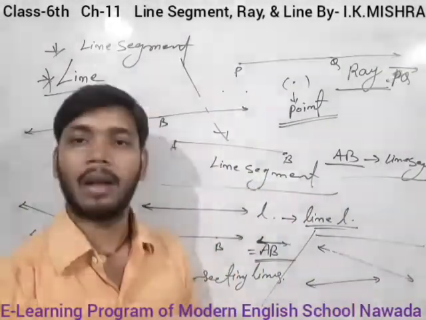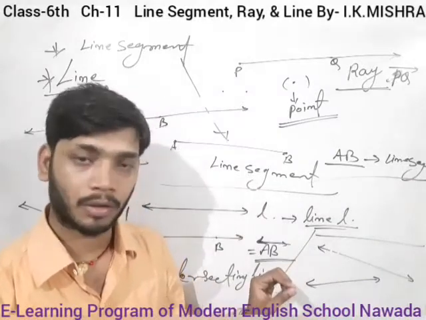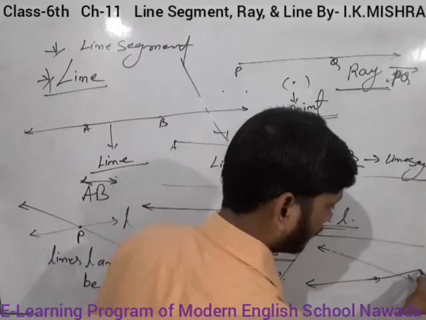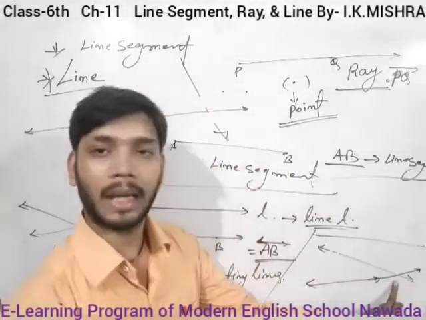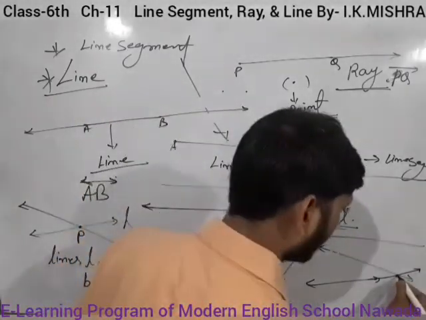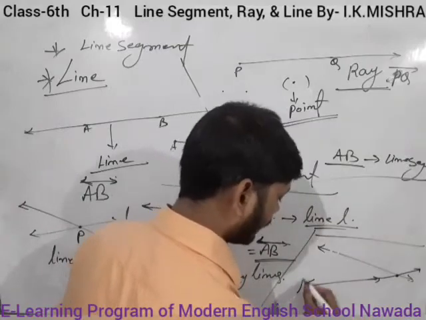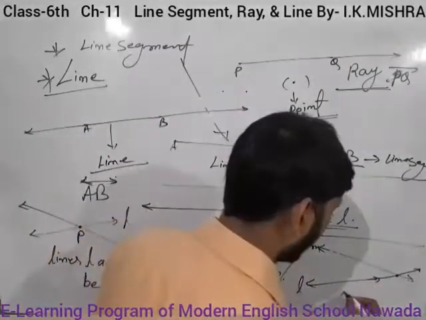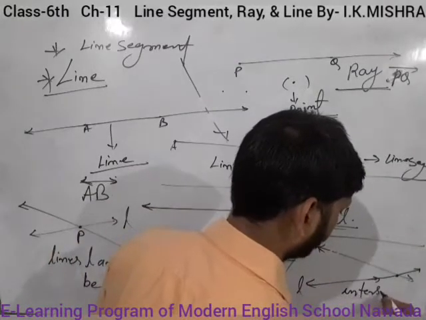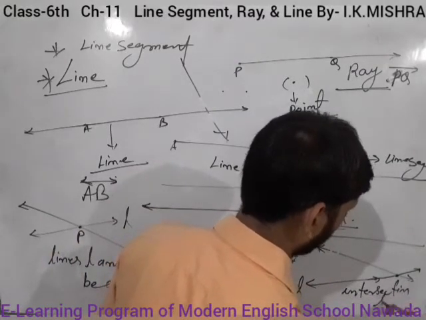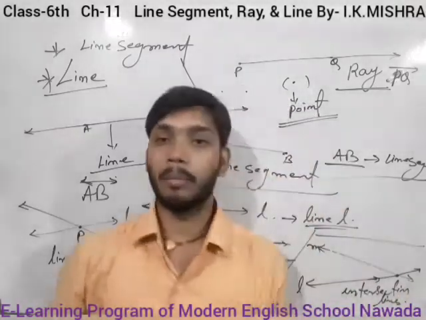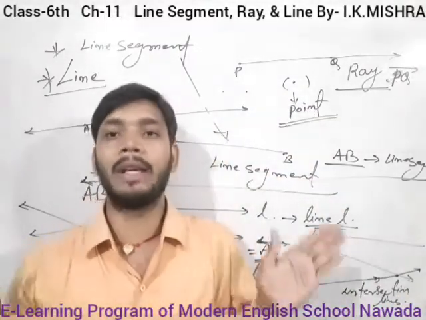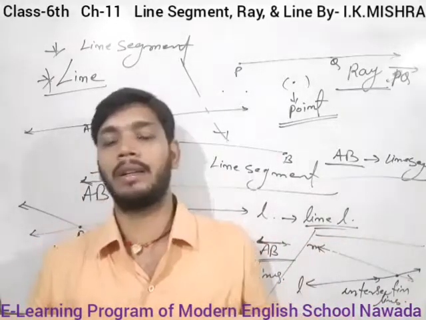These lines are intersecting. Friends, observe, when you extend this it will intersect at some point. That means here lines L and M are also intersecting lines. Clear, friends?